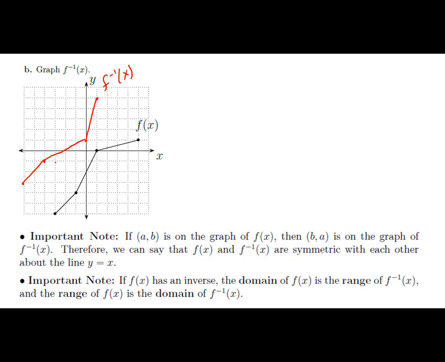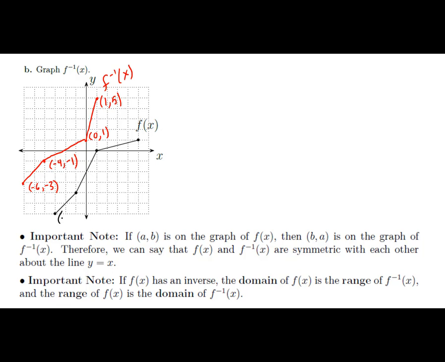So first of all, I want us to understand that each of the points that are on this graph, so let's just pick them out real quick, -6, -3, -4, -1, 0, 1, and 1, 5. They have a very special relationship with these main points on the f of x graph.